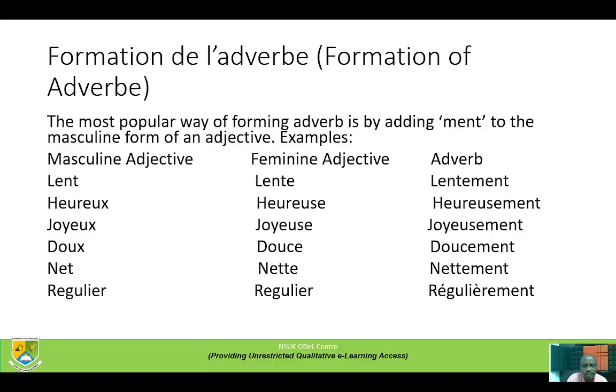Joyeux, joyeuse, joyeusement. Joyeux means joyous. Doux, soft. Douce also means soft. Doucement, that is softly. Net, neat. Nettement, neatly. Régulier, régulière. We form régulièrement from régulière.